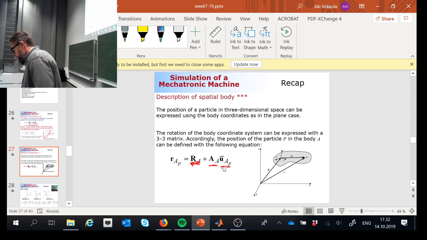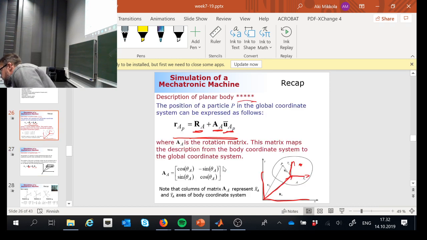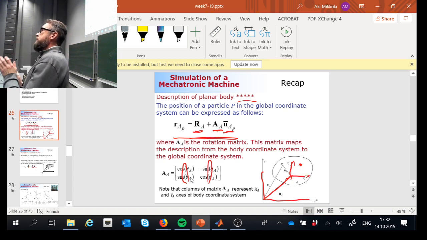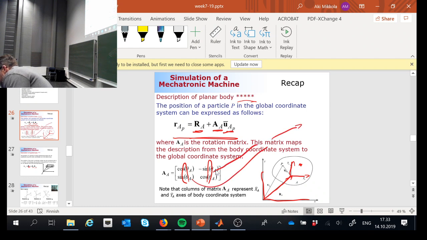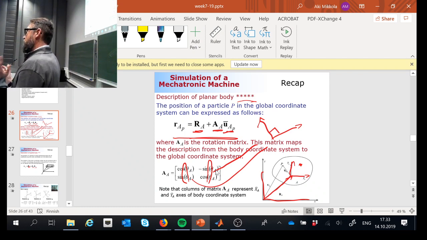One more thing, by the way, and this is something you can find in an exam: the rotation matrix used in planar and spatial cases, the 2 and 3 dimensional cases, is mathematically orthogonal, meaning that if you form 2 vectors from the columns of the rotation matrix, these 2 vectors will be perpendicular to each other, at a 90 degree angle. So this vector points in this direction, and this vector points in that direction, at 90 degrees, meaning they are perpendicular to each other.